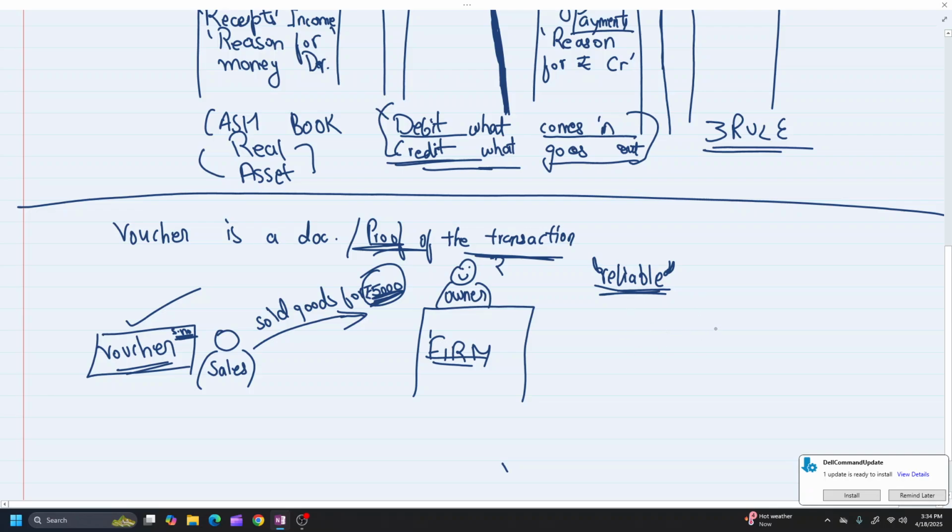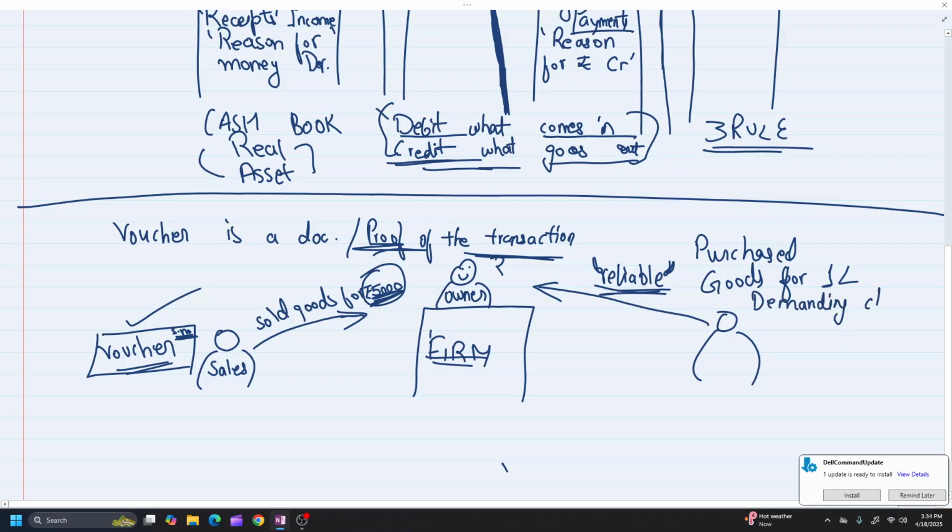Let's take one more example of a voucher. A purchase happened. He says that he purchased goods for 1 lakh, and now he's demanding a check for paying the creditor.